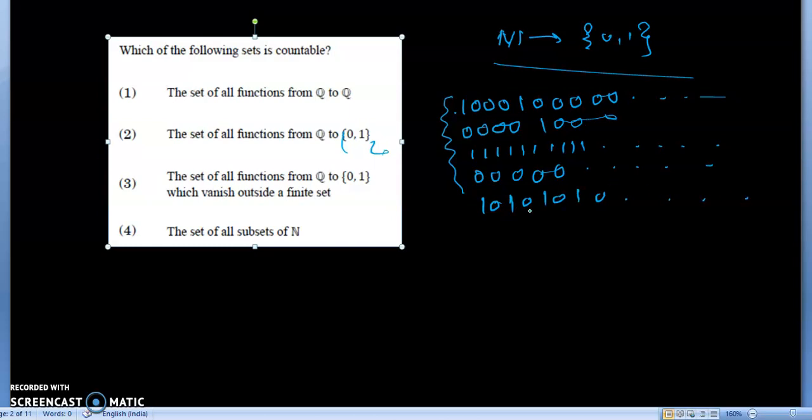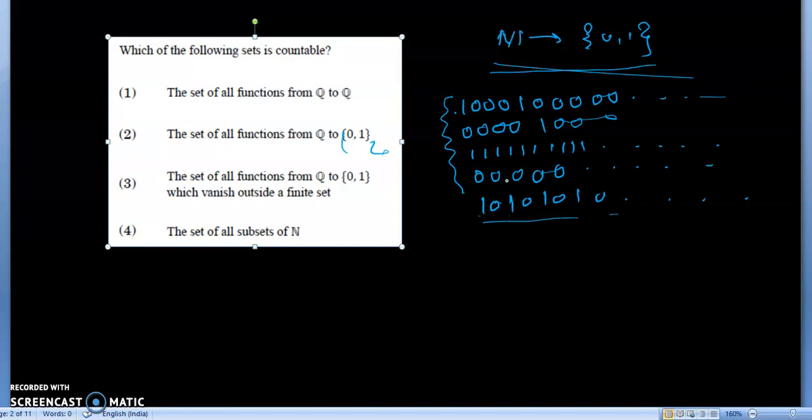You can get this type of function too, where f(1) is 1, f(2) is 0, f(3) is 1, f(4) is 0. So every function from N to {0, 1} is basically a binary representation of a real number.